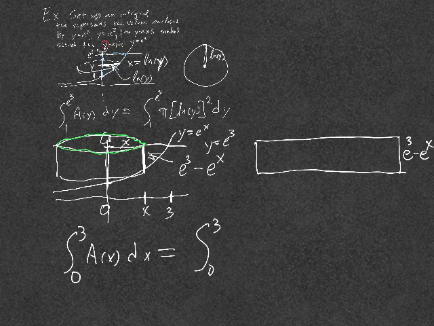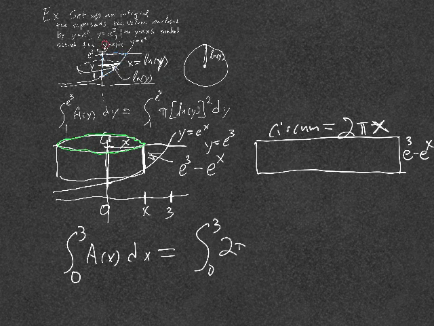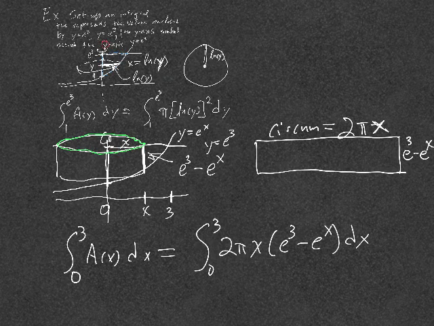And then the top of this is coming from the circumference, and the circumference is a circle of radius x, and so the circumference here is 2 pi x. And so our area function here is going to be 2 pi x times e cubed minus e to the x dx.